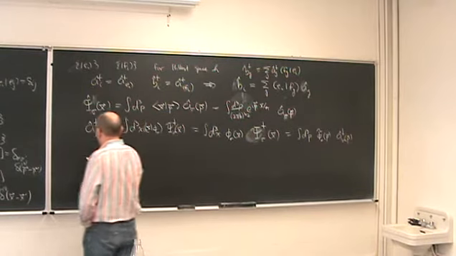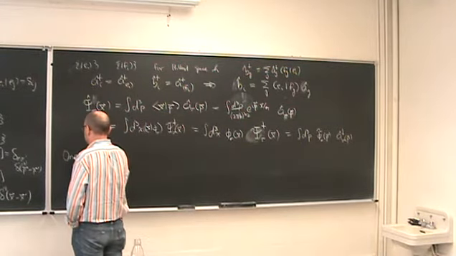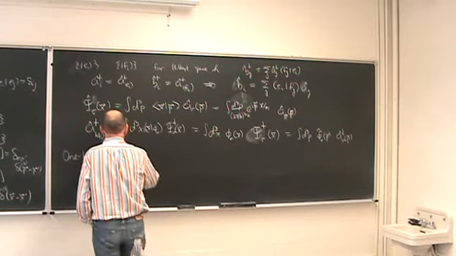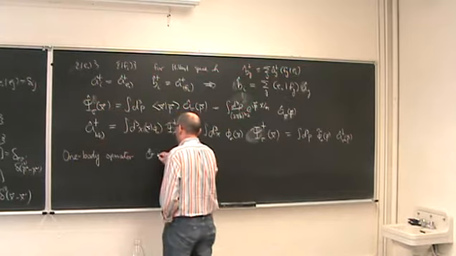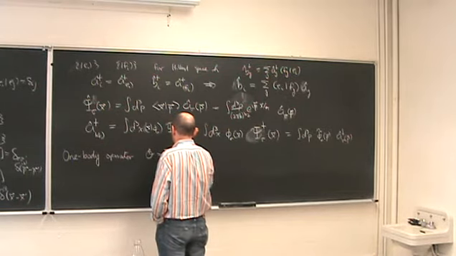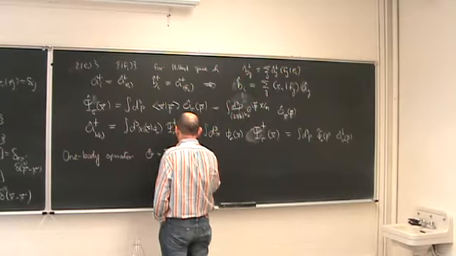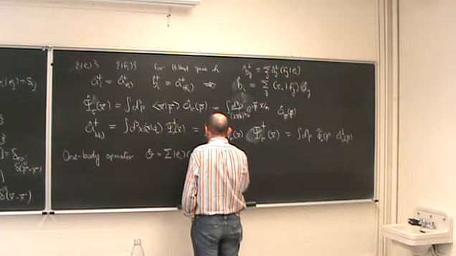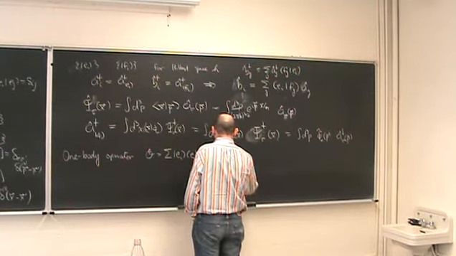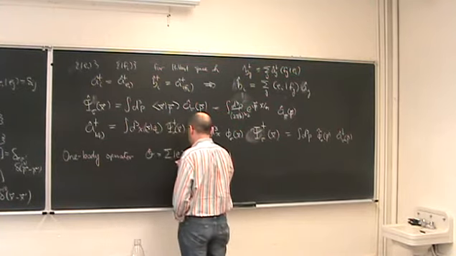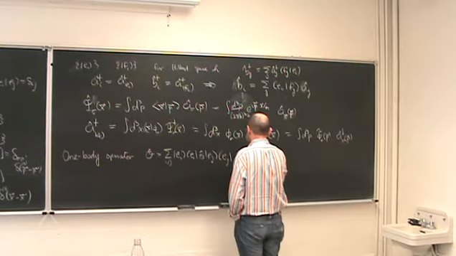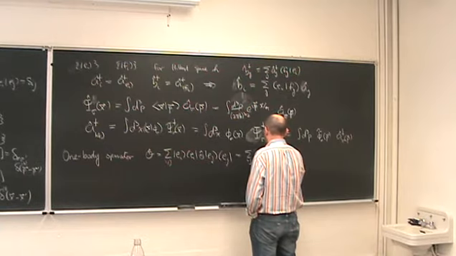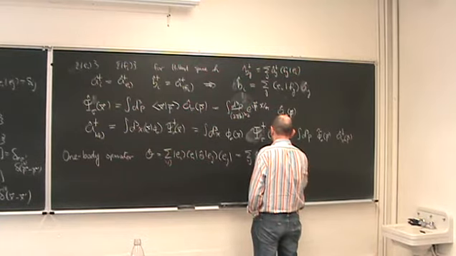So if I had a one-body operator O that acts on the single body Hilbert space little h, then of course this is just a matrix representation of it, but then I have to symmetrize it over all particles.